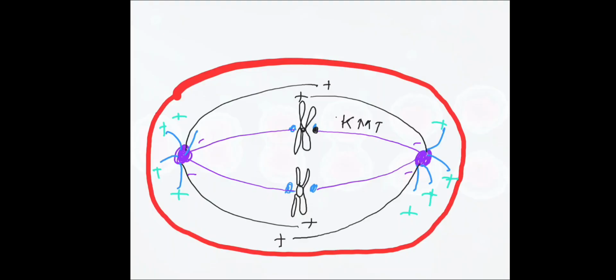So here, which microtubule is not attached to the chromosome? This and this, this and this. Even if it has to interact, it overlaps with the polar microtubule from the opposite side.